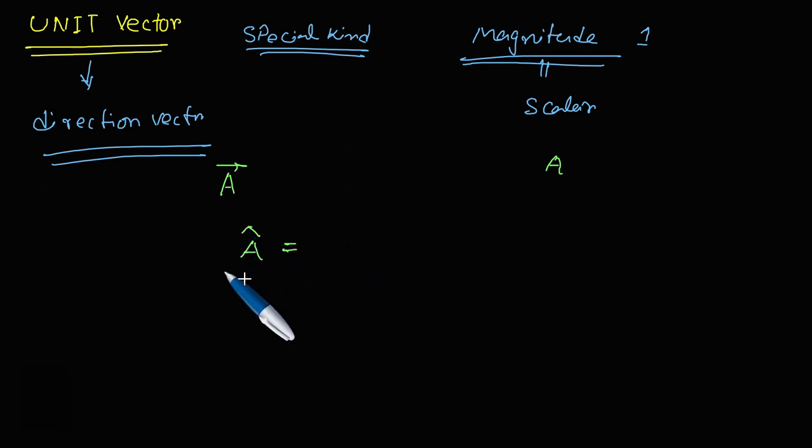So what is this? This is nothing but the vector by the scalar. We know that we can divide it, and the reverse is not possible. That means a vector cannot be in a divisor mode.